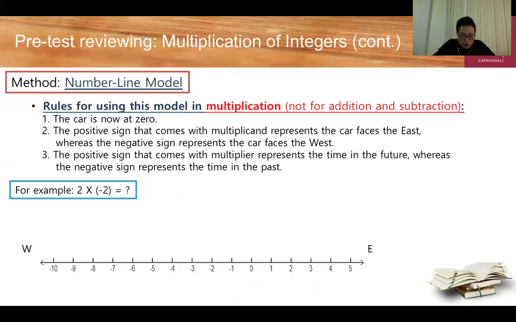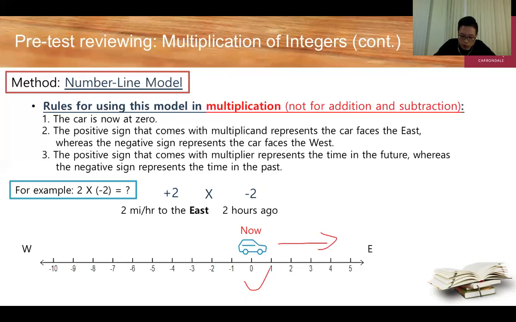So let's see another example here. 2 times -2. The car right now is at 0, okay? And the multiplicand is +2. That means the car will face to the east, and the car basically moved to the east by 2 miles per hour, okay? And the multiplier here is -2.